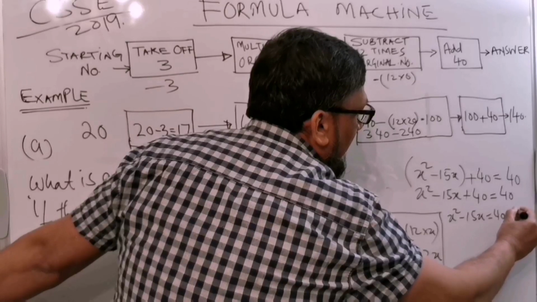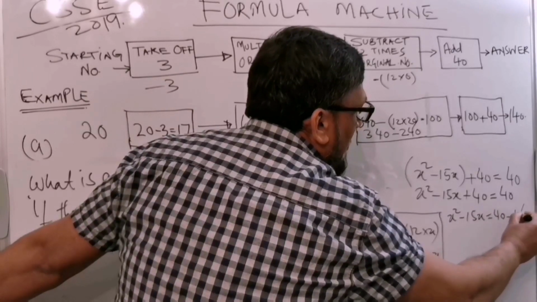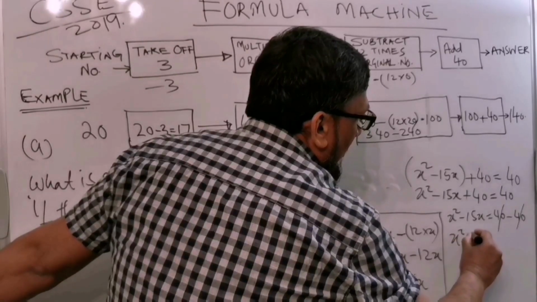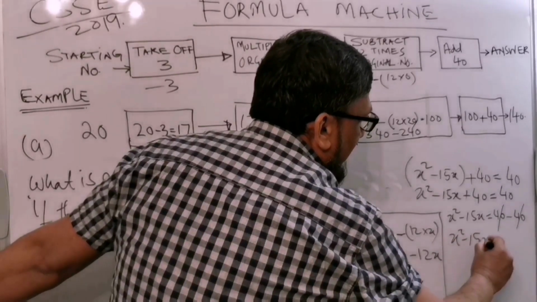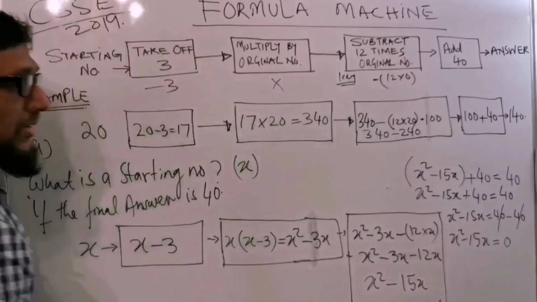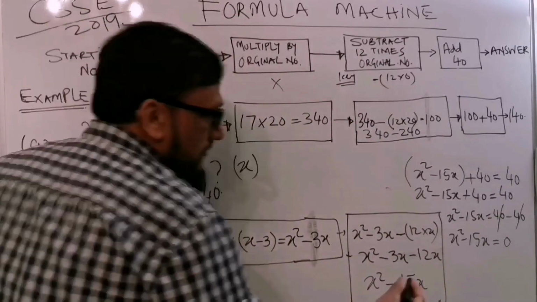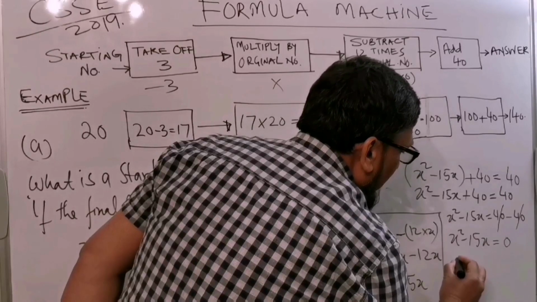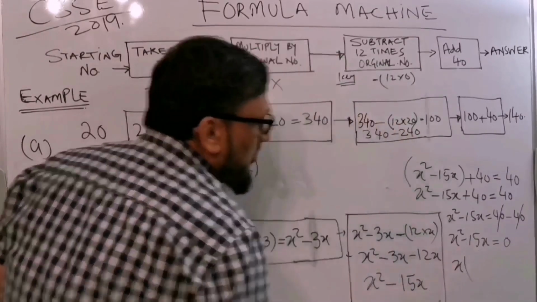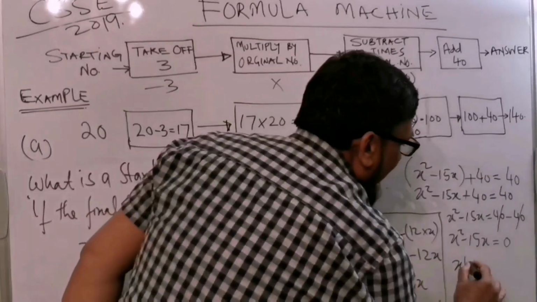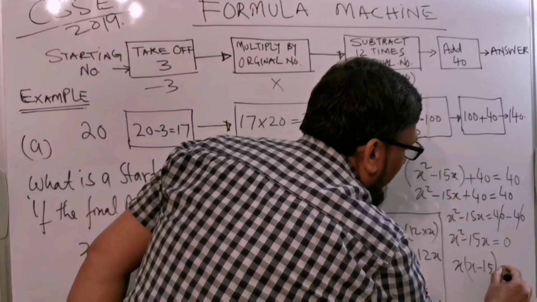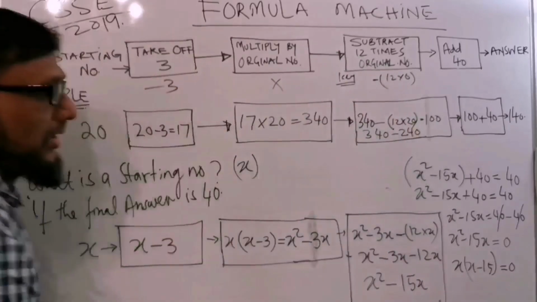If I move the 40 to the other side, the two 40s cancel. So x square minus 15x equals 0. If I take x as a common factor in these two terms, x times x minus 15 equals 0.